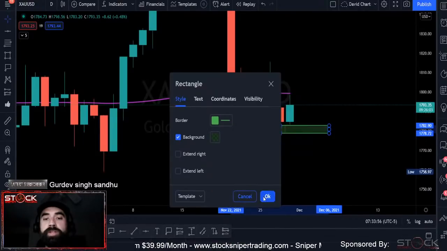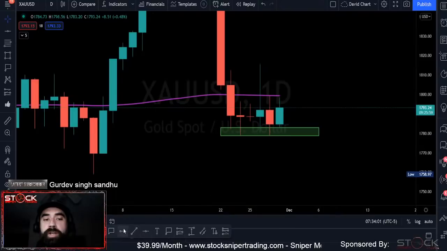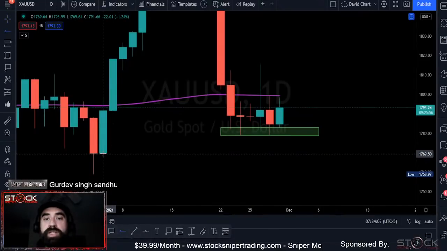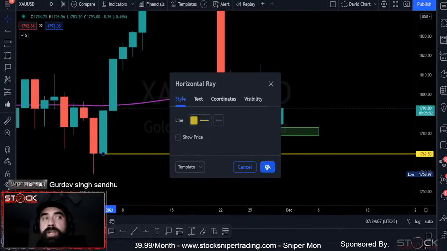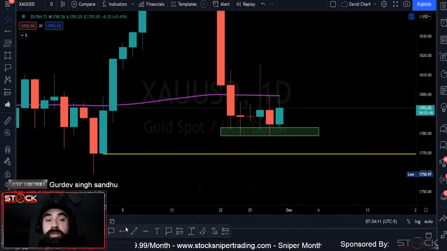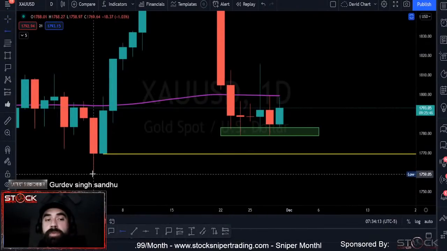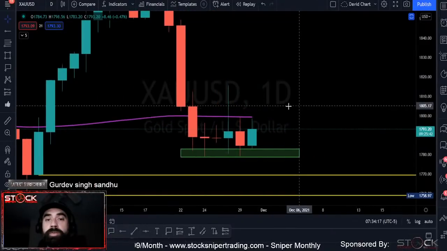Demand is always green, and then we have supply as red. Similar to yesterday, we haven't made much crazy movement here. Remember that higher time frame is going to be yellow in terms of support and resistance. As soon as we get down to the hourly and below, we're going to use baby blue.